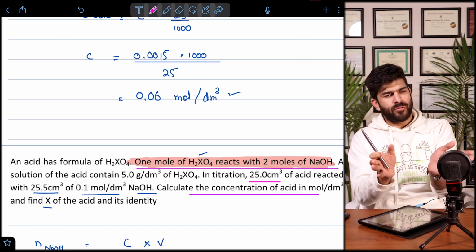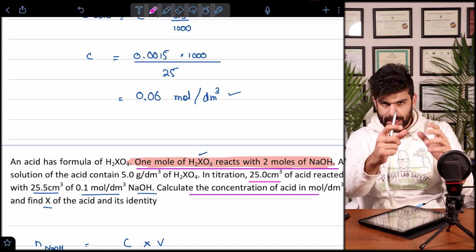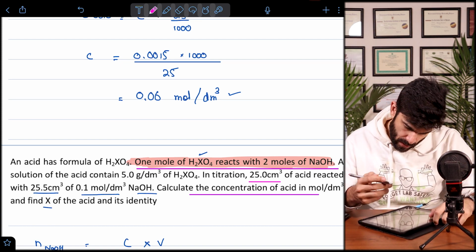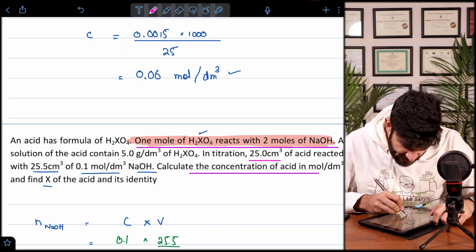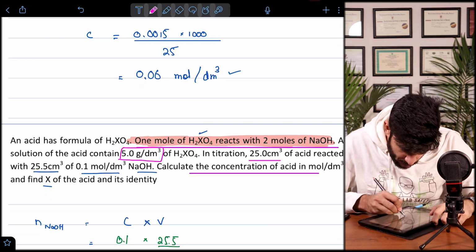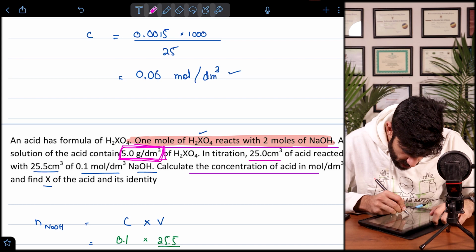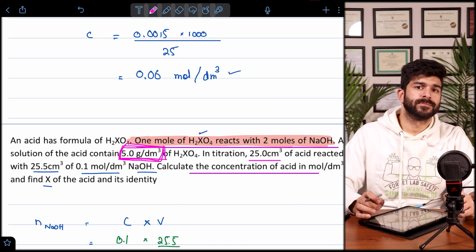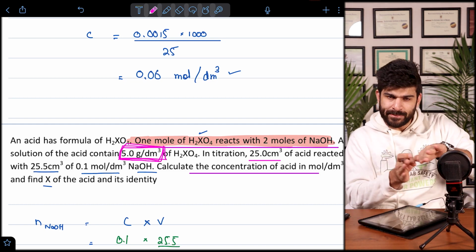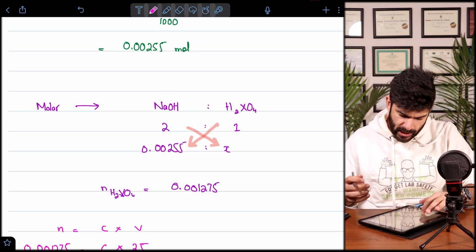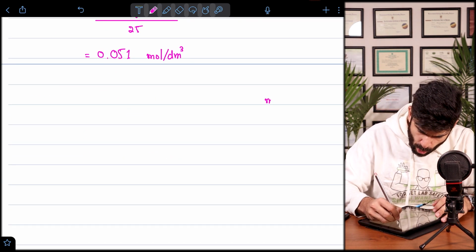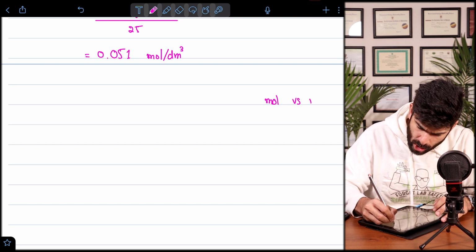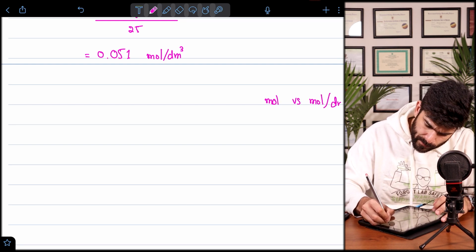I will tell you a shortcut formula as well, but let's understand the concepts. We have the acid contains 5 gram per dm cube of H2XO4. 5 grams per dm cube. So this is a relationship. Let's keep this aside. Let's understand the relationship between mole versus mole per dm cube.